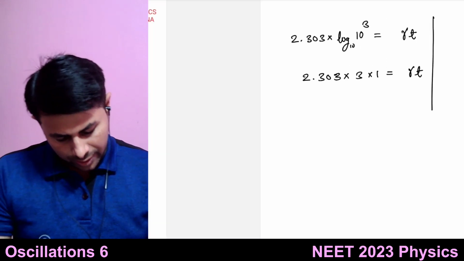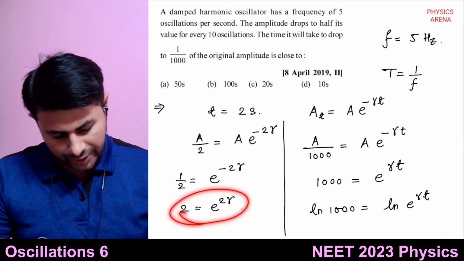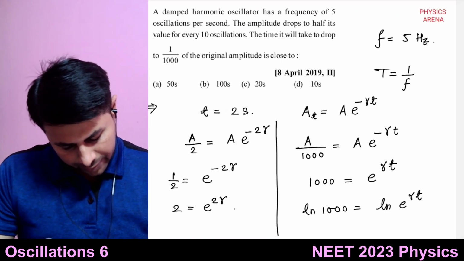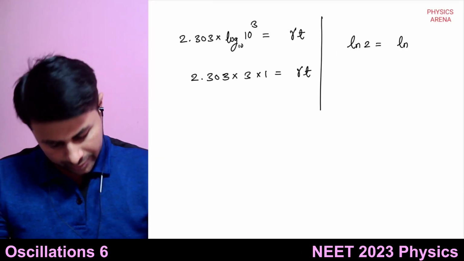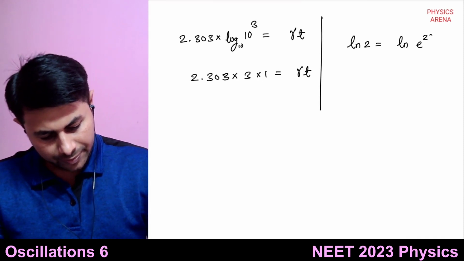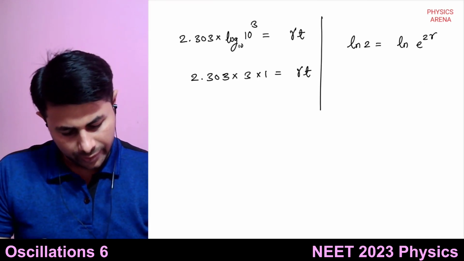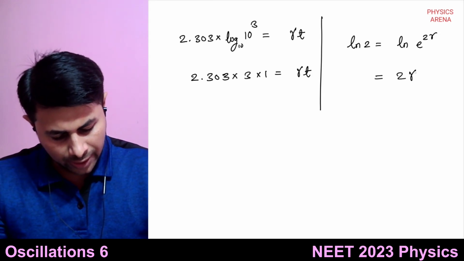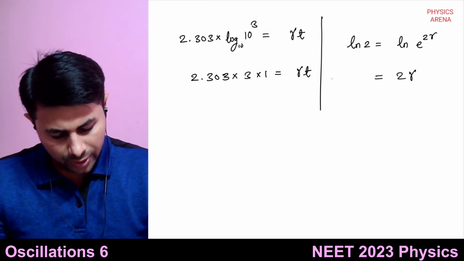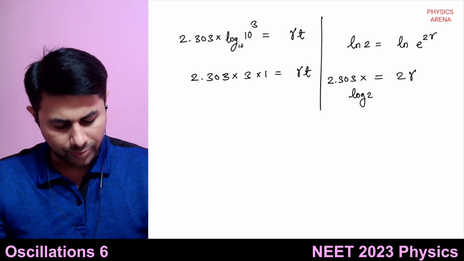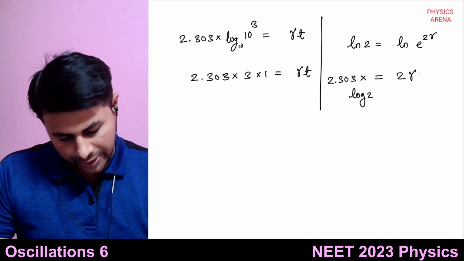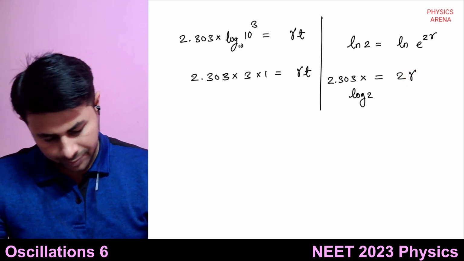Then from the other equation, ln of 2 is equal to ln of e raised to 2 gamma, so 2 gamma is equal to ln of 2, or 2.303 multiplied by log of 2. So we can substitute for gamma here.